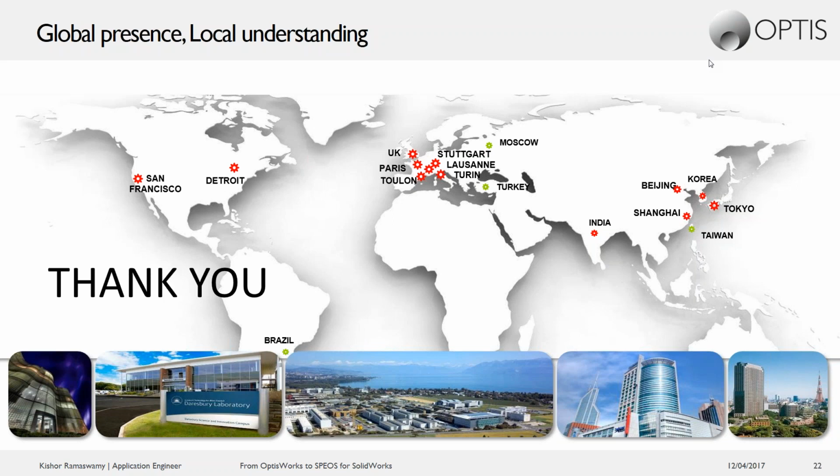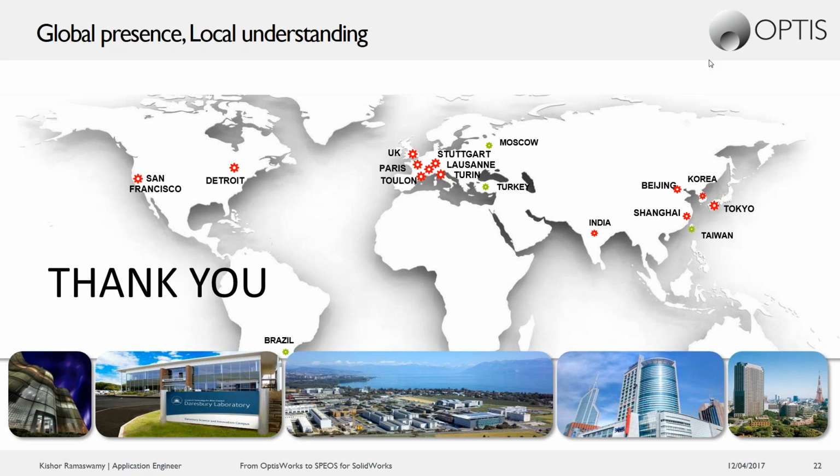In terms of compatibility, the SPEOS for SOLIDWORKS platform is compatible with the 2015 and 2016 versions of SOLIDWORKS, but do be careful with the SOLIDWORKS version that you're using, because OPTISWORKS I believe is only compatible up to the 2016 version of SOLIDWORKS, and so I would avoid upgrading to the 2017 version of SOLIDWORKS until you're fully ready to switch to the SPEOS for SOLIDWORKS platform.